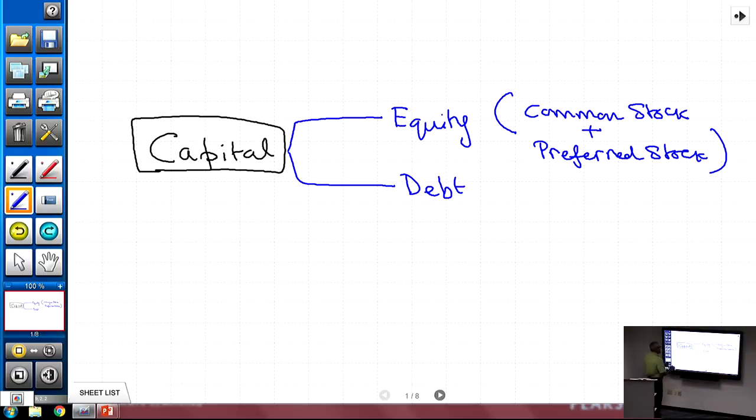So the question is, when the company raises this capital, obviously it is asking the general public to either buy its common stock, its preferred stock, or its debt. That means people who are investing with the company are investing expecting a rate of return. So what is rate of return to the investor?